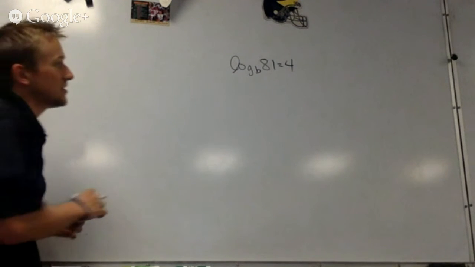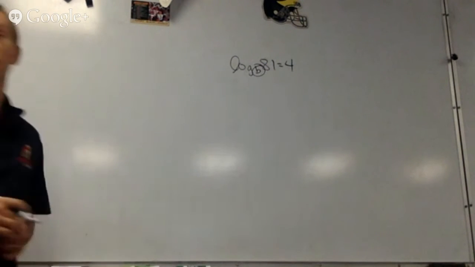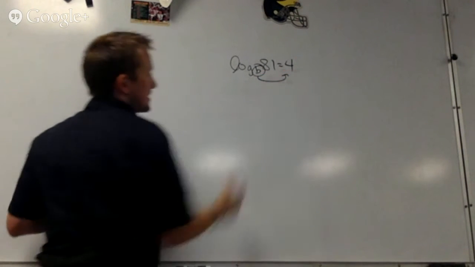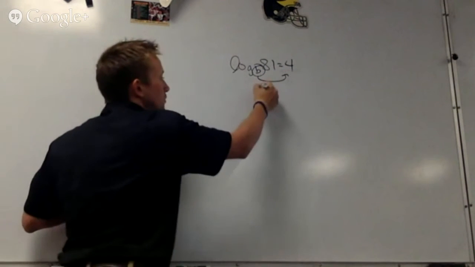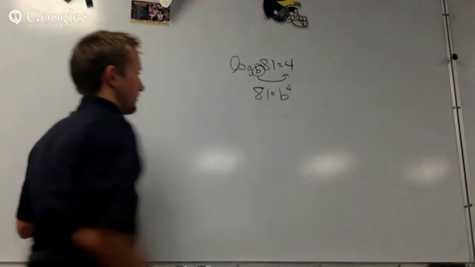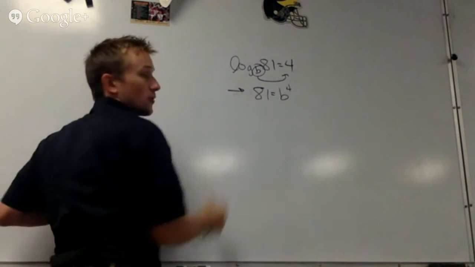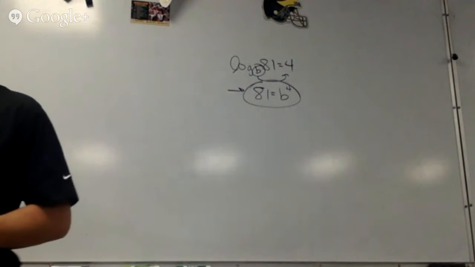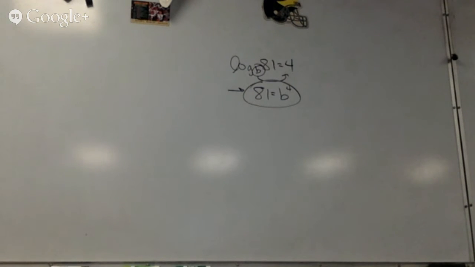The important thing to know is that the base of the log is always the base of our exponent. So when I shoot b over, what I have now is 81 equals b to the 4th. Is that an exponential form? It absolutely is. So we could stop right there, and there's our answer: 81 equals b to the 4th.